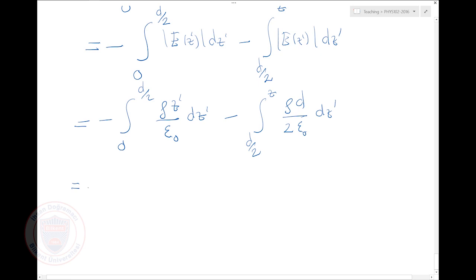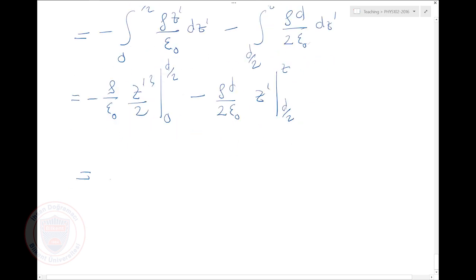Okay, so this is going to give me minus rho over epsilon 0 z prime squared over 2 from 0 to d over 2, minus, since everything inside is a constant, rho d over 2 epsilon 0 times the integral, which is just z prime from d over 2 to z.